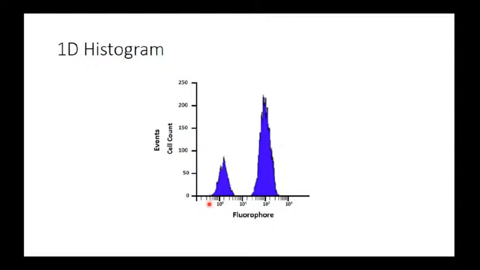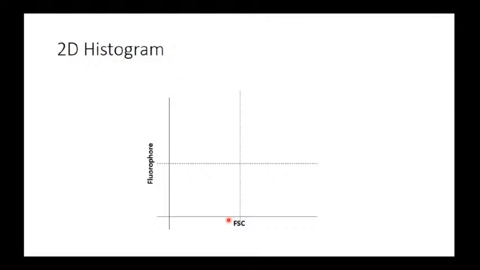What I can do further is combine this data with other data I have. For example, I can combine the data from the fluorescence detectors with the data from the forward scatter detectors. So here I have the fluorescence and here the forward scattered light. When the cell appears here, these are small cells because they have low forward scatter signal, and they are not expressing the protein because of low fluorescence.